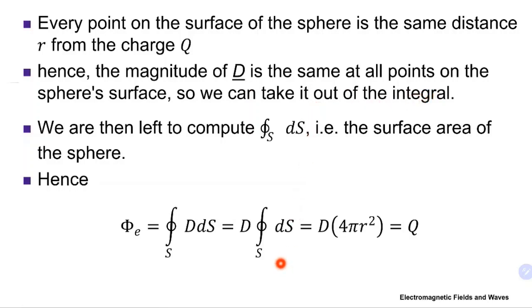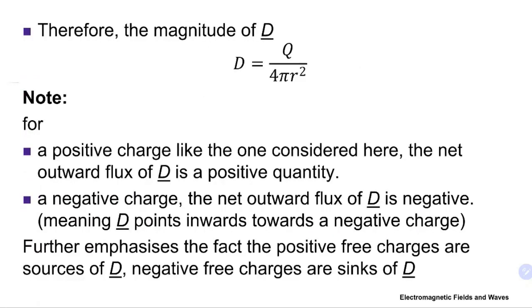And then this integral is simply the surface area of the sphere, which is 4 pi r squared. And therefore D times 4 pi r squared equals Q. And therefore the magnitude of D equals Q over 4 pi r squared.